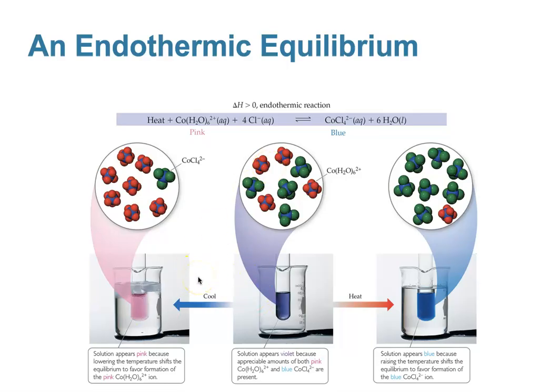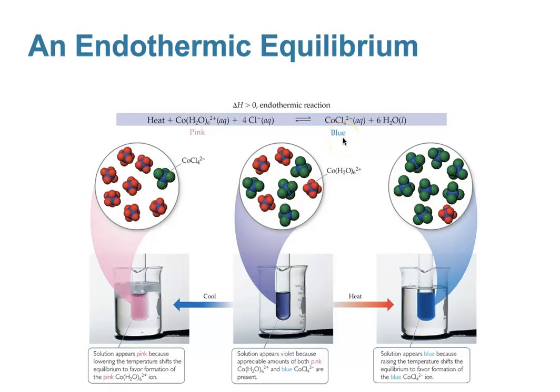So here you have heat on the left, and you have the cobalt ion, which is pink. And when you add that to chlorine, it forms another cobalt ion that is blue.